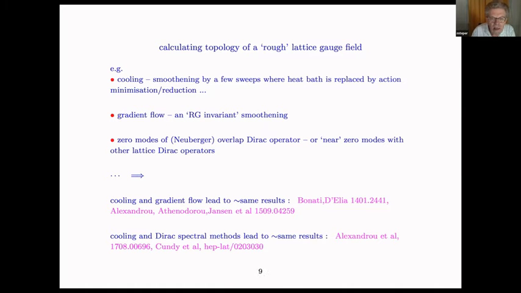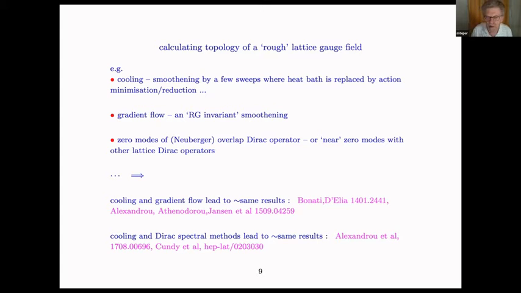Okay, so calculating the topology of a Monte Carlo rough lattice gauge field. As I remarked, there are a number of methods. Cooling is the one I've just mentioned and showed you at least one example, where you sweep through the lattice, replacing the heat bath by action minimization or action reduction.